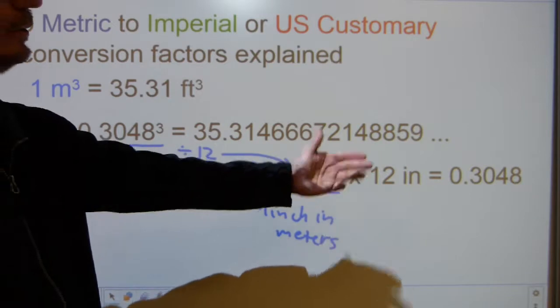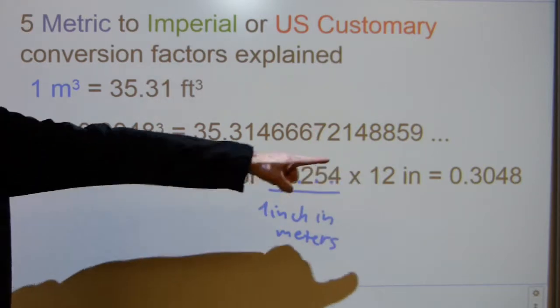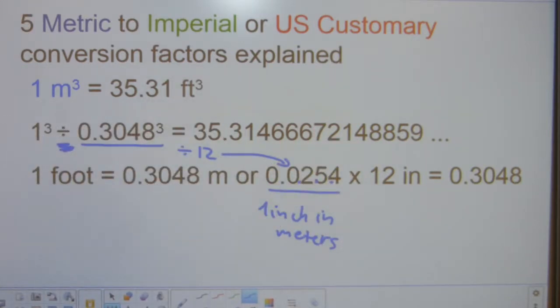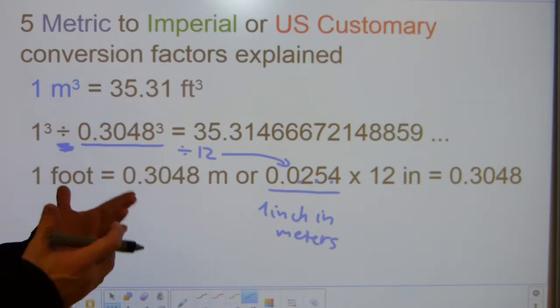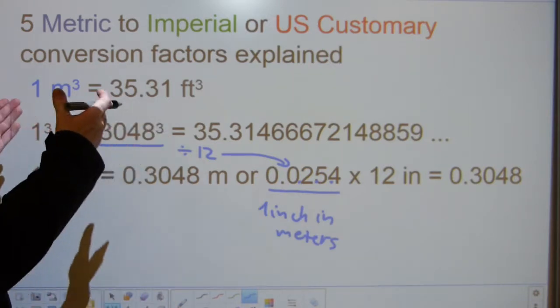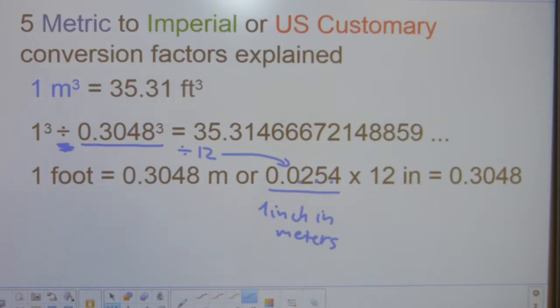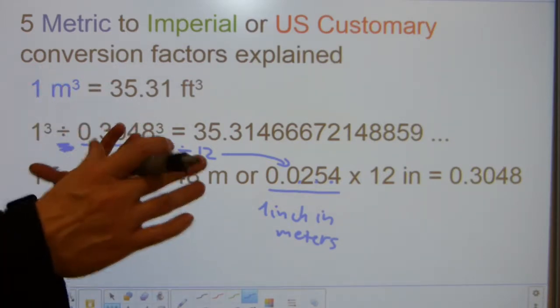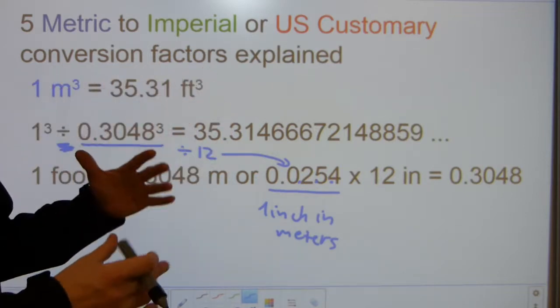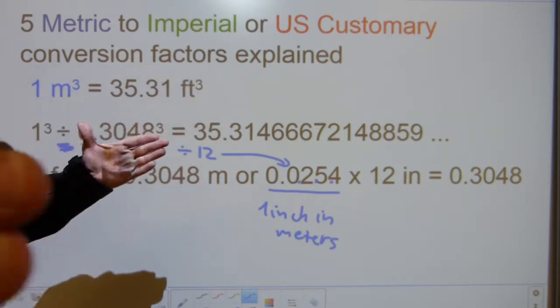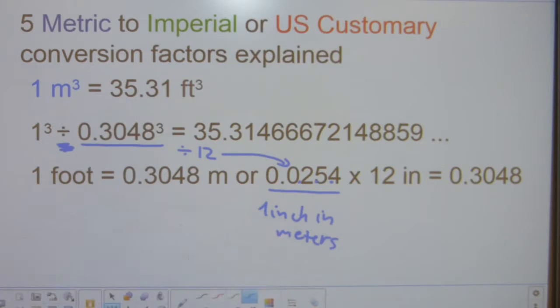And of course you have 12 inches to make a foot, so that last number again, 0.3048, is the length of a foot expressed in meters. So that's where the number comes from. That's why it has infinite decimal places, and it means how many of these cubic feet you can pack into a huge cubic meter, which is a huge cube.